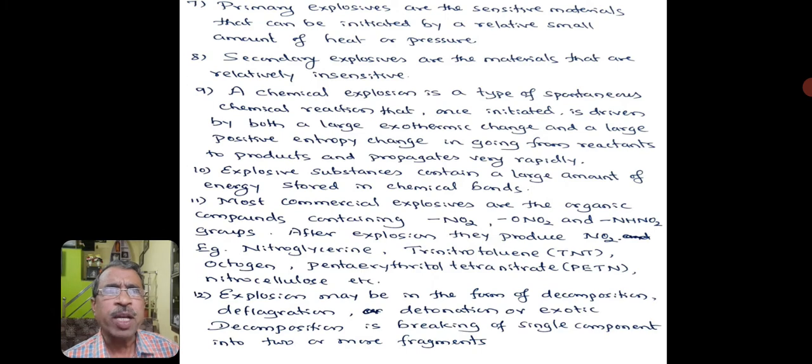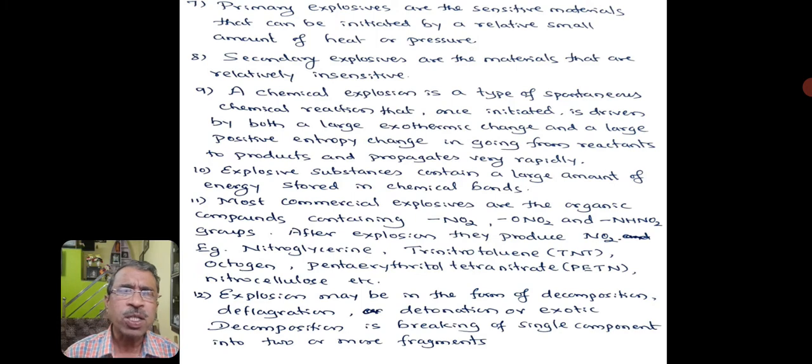The meaning of this statement is, as you have studied in earlier classes, that if a reaction is to be spontaneous, it should have a negative free energy change and a positive entropy change. That means the free energy must be less and entropy must be more, and only then do the reactants turn into products spontaneously. Similarly, if a chemical explosion is to take place, it also should have less free energy and more entropy.